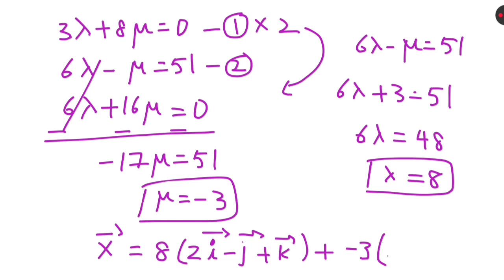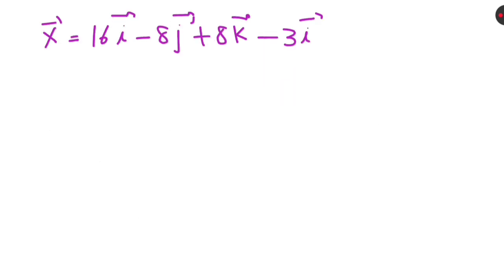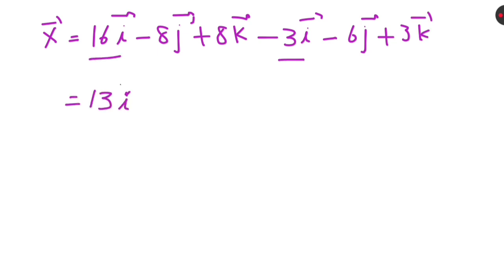B vector is i bar plus 2j minus k. 16i minus 8j plus 8k plus minus 3i minus 6j plus 3k. 16 minus 3, which gives 13 i bar. Then minus 8 minus 6, which gives minus 14j bar, plus 8 plus 3, which gives 11k bar.